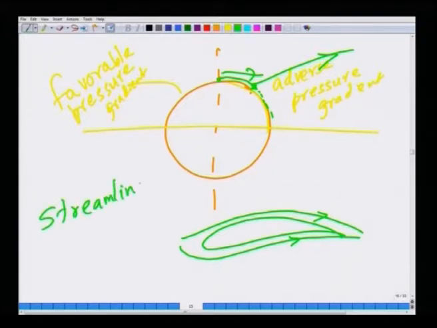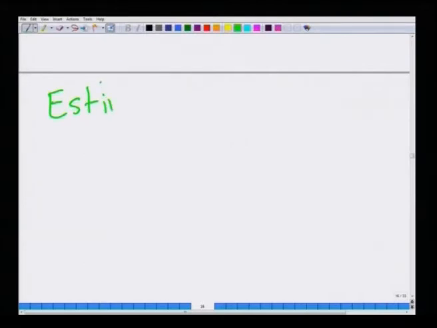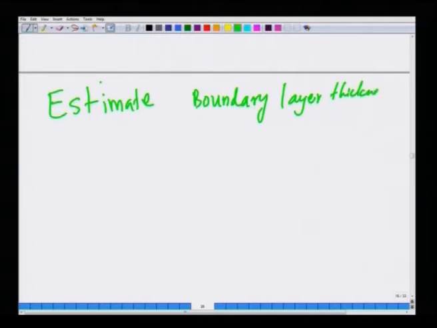Now let us go to the estimation of the thickness of the boundary layer by non-dimensionalizing the Navier-Stokes equation. To discuss boundary layers, we will not worry about bodies such as cylinders or spheres, because we know that flow separation happens.